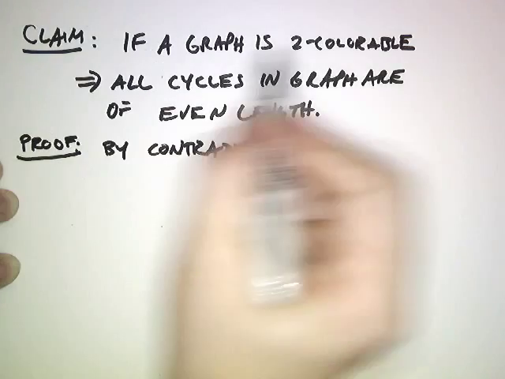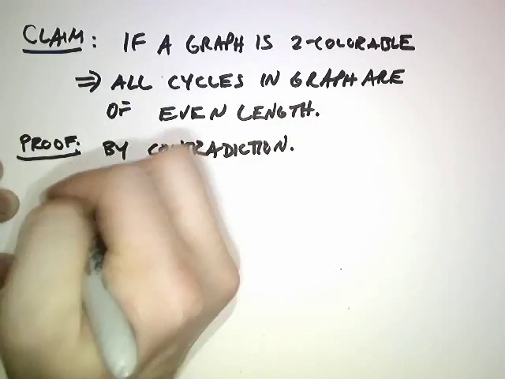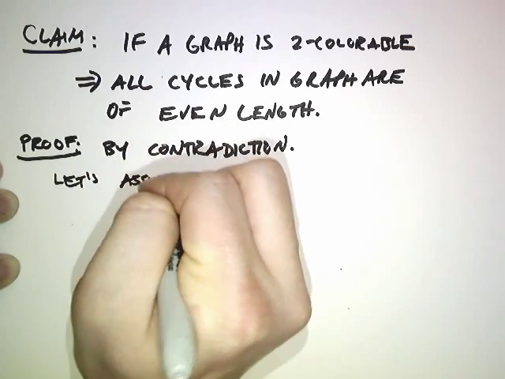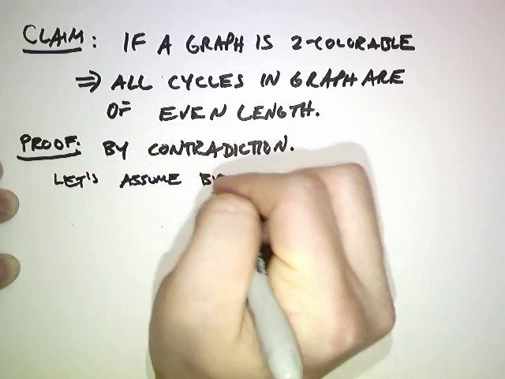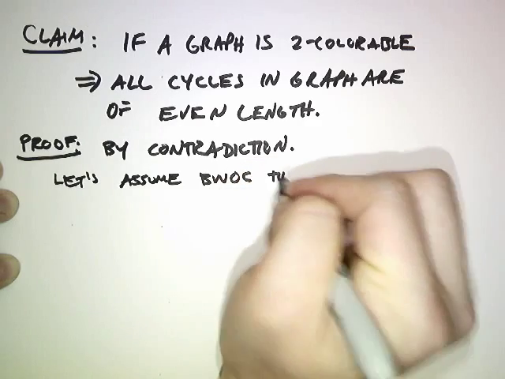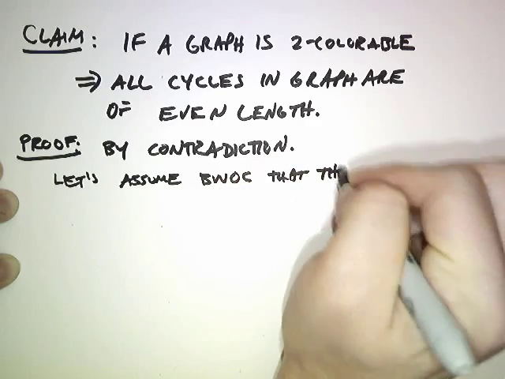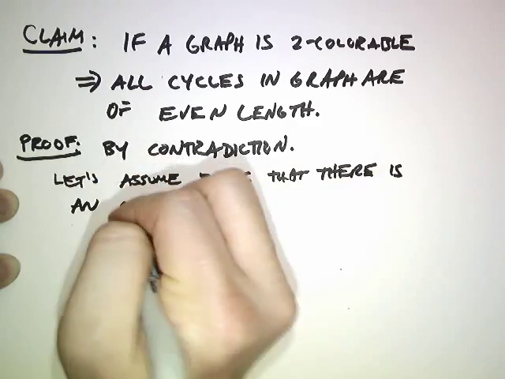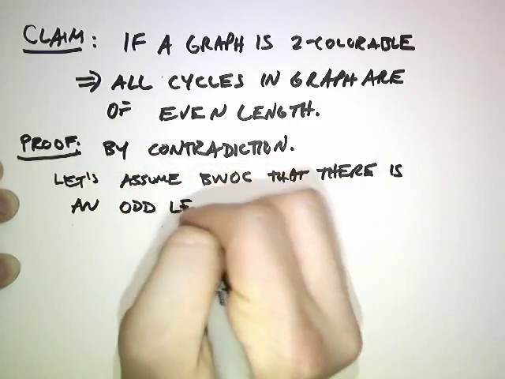So let's assume that the graph is two colorable, and let's assume, by way of contradiction, that there is an odd length cycle.